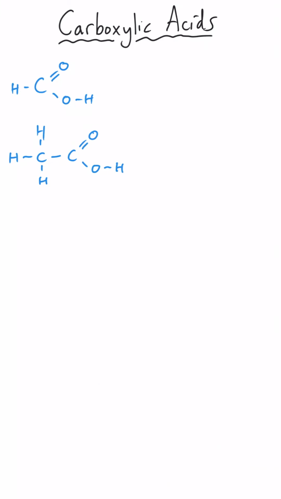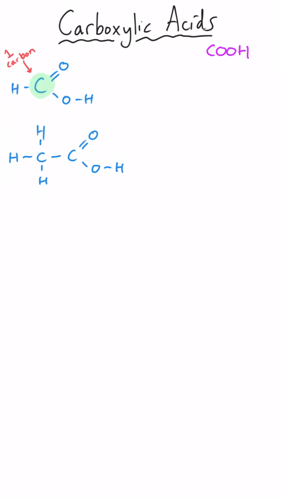The next homologous series, the next family of chemicals that I want to talk about, are carboxylic acids. And carboxylic acids have got the functional group COOH somewhere within their structure. They might have a lot more to their structure, but that group will be present somewhere. The simplest carboxylic acid is the one that I've shown at the top here, and it has got just one carbon atom in its chain.